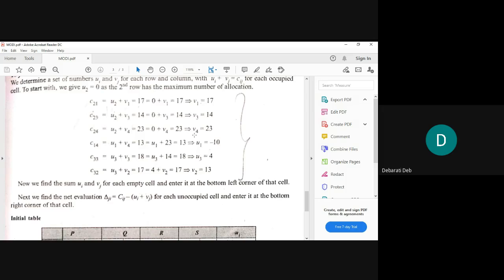V4 we know, because in the last step we calculated V4 as 23. So we will write U1 plus 23 equals 13. That implies U1 equals minus 10. 13 minus 23, that is minus 10.